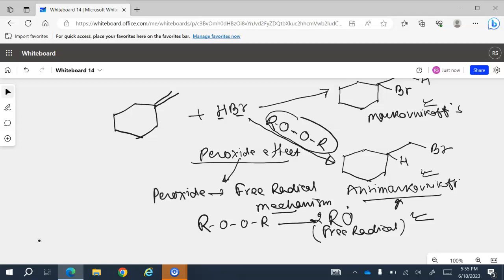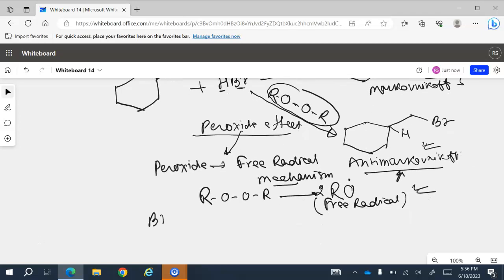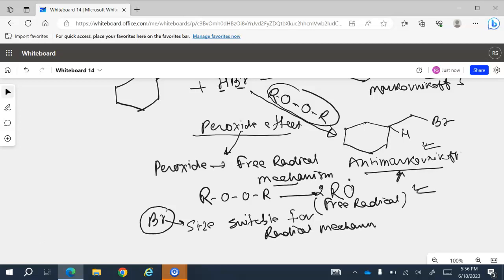Now the question is, why HBr? Because in this case the size of bromine is very suitable for the radical mechanism, and that is why it follows the radical mechanism in the case of HBr.